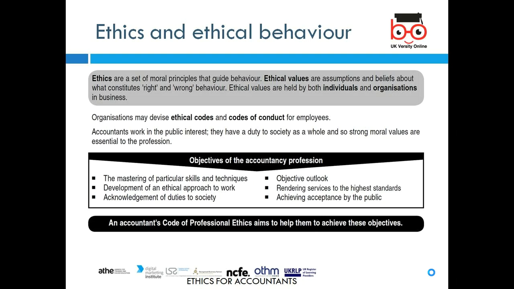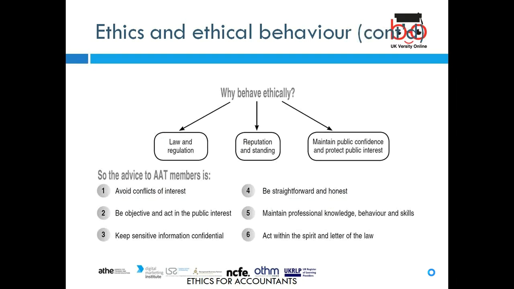Their major purpose is to promote trust of the public and the reputation of the profession. Why we behave this way: the law and regulations, reputation and standards, maintaining public confidence and protecting the public interest. So avoid conflicts of interest, like you have shares in another company, you're a director in the company, you're a shareholder in the company, but you are also the auditor as well.